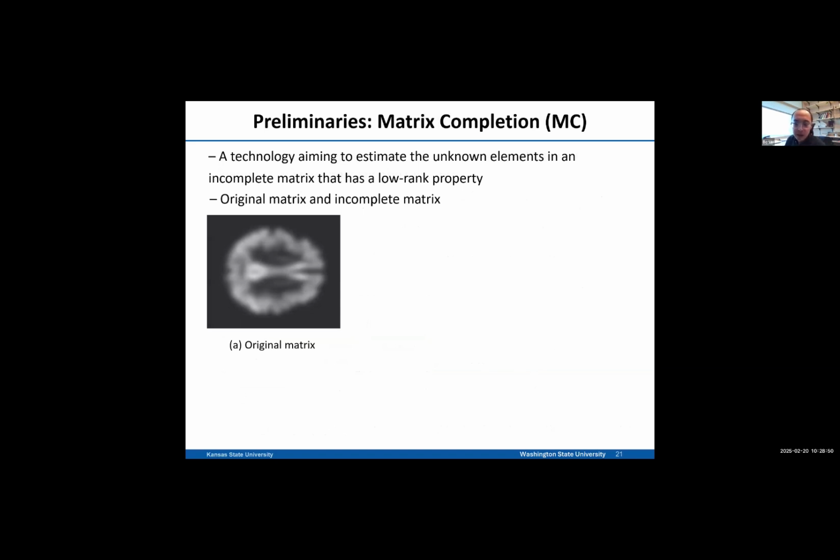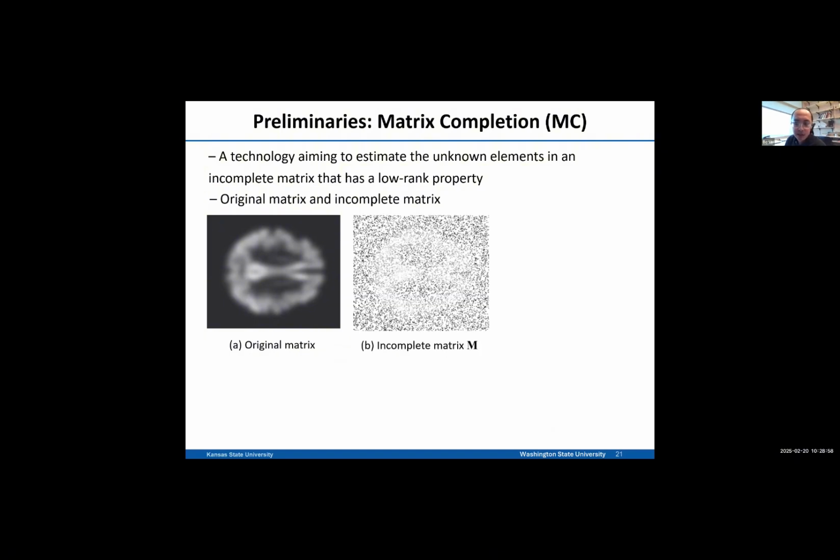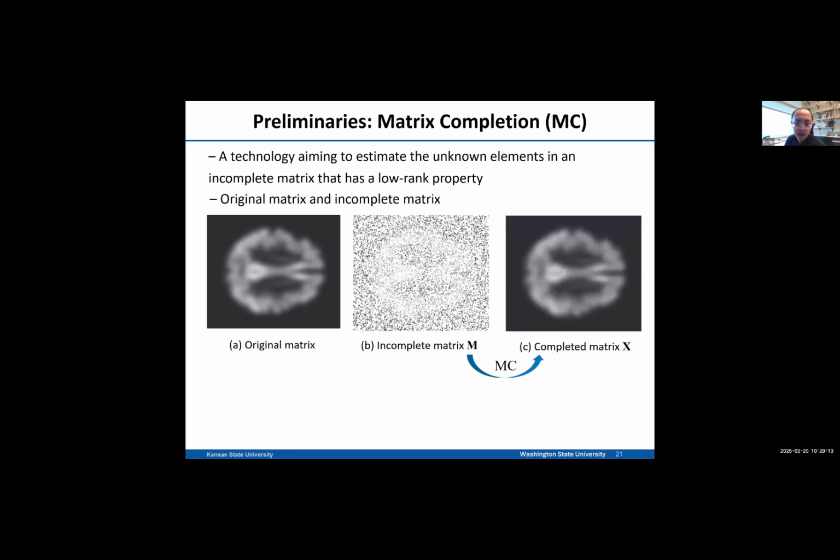So this figure of our brain is our original matrix. Then we randomly delete 70% of the pixels, and it becomes an incomplete matrix M. Matrix completion can take this incomplete matrix as input and estimate the unknown elements in the matrix. In this case, we can get the complete matrix X.